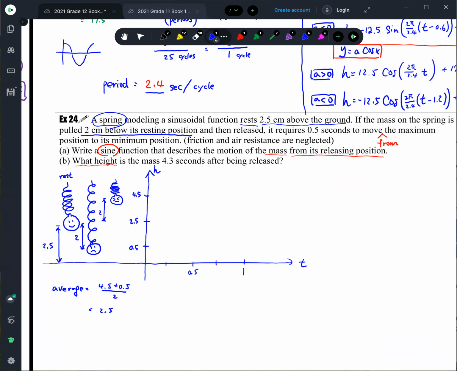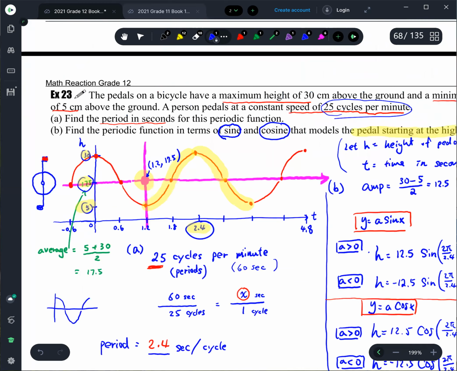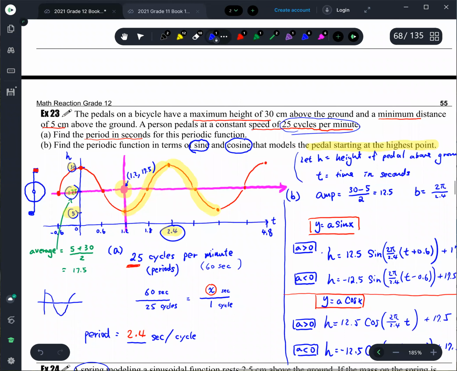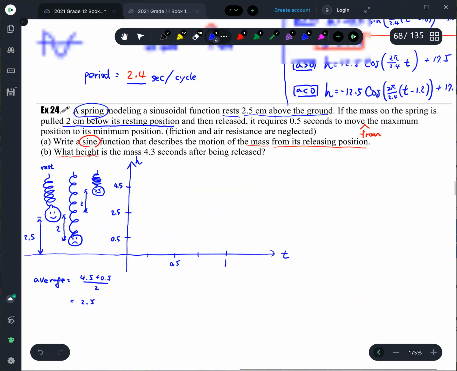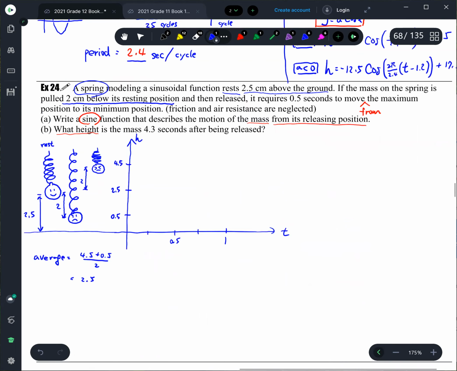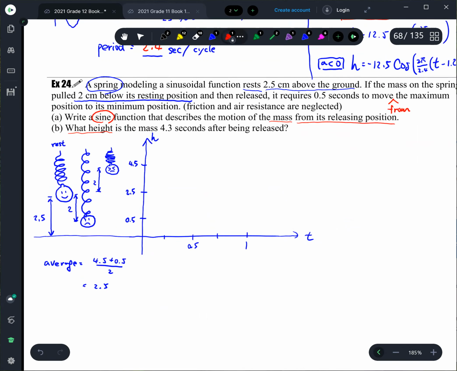All right, so where should we put the starting point? Before, for the previous question, we put the starting point at the highest because it tells you that a pedal starts at the highest point, right? You can start at the highest, you can start at the middle, start at the lowest, right? But for this question, where does the question want you to start?